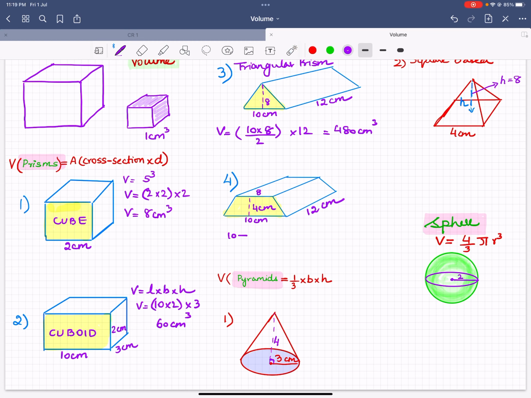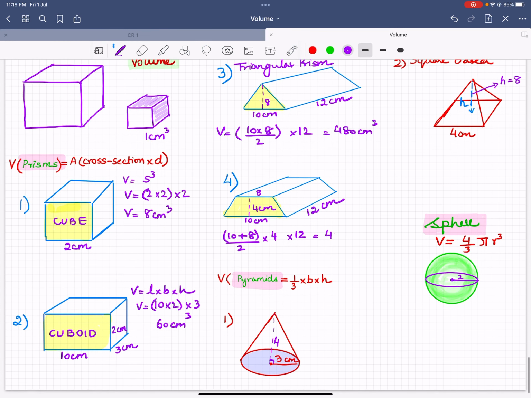One parallel side and the other parallel side added, answer divided by 2 multiplied by the height of the trapezium. So this gives us the area of the cross section. Now all we need to do is to multiply it with the depth of the trapezium prism, and that gives us the volume, 432 cubic centimeter. So with that we come to the end of finding volume of prisms.